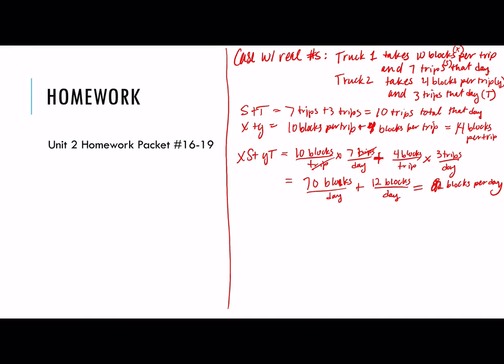Okay. The other one, we have these things to look at. The next one was XS plus YT divided by S plus T. Okay. So we found out XS plus YT is the number of blocks, 82 blocks.